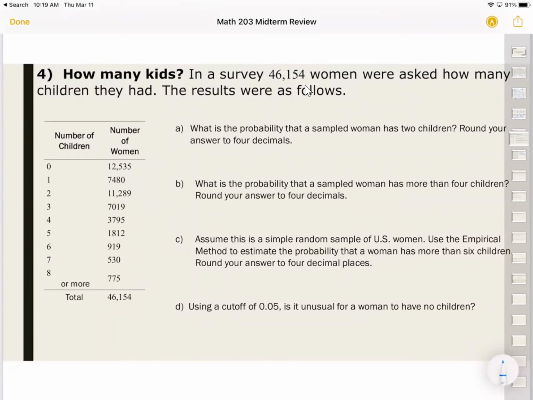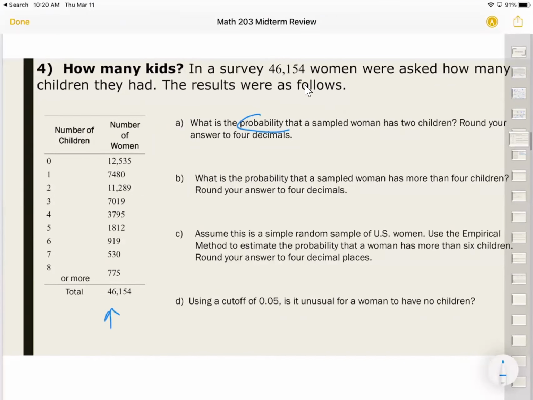In a survey, 46,154 women were asked how many children they have. The results are as shown. They give you the information over here. Now they ask: what is the probability that the sample woman has 2 children? Round your answer to 4 decimal places.